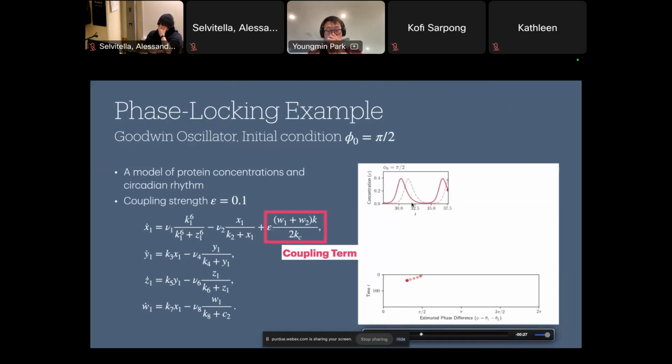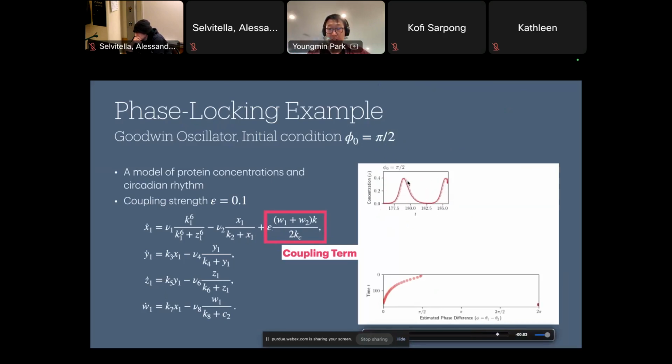In this plot, it's the two X concentration values of the two oscillators. One oscillator is in solid red, the other is in dashed red. I started with a phase difference of pi over 2, and I'm assuming a period of 2 pi without loss of generality. So we're talking about a quarter phase difference at the start of the simulation.